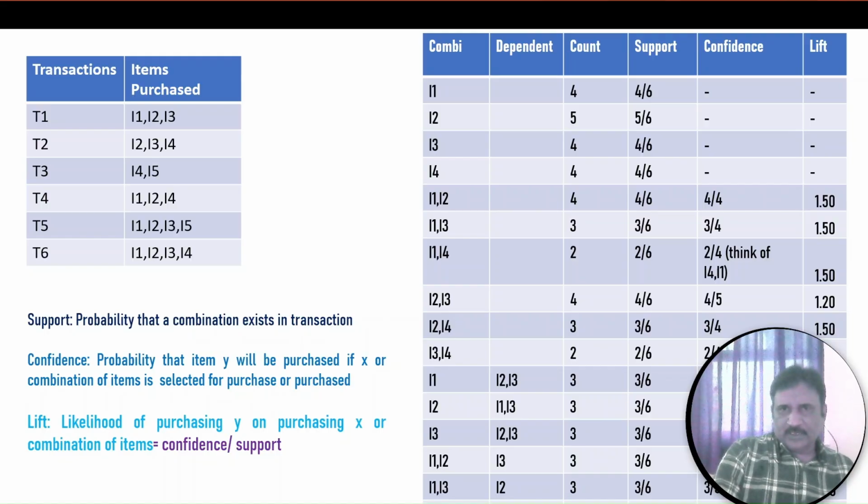This way you can find out the support, confidence and lift for all these combinations we have explored so far. This table will help you find out which item is to be kept in the vicinity of which other item, because of the strength of association. The higher the confidence, the higher the strength of associating these items, either digitally or physically.